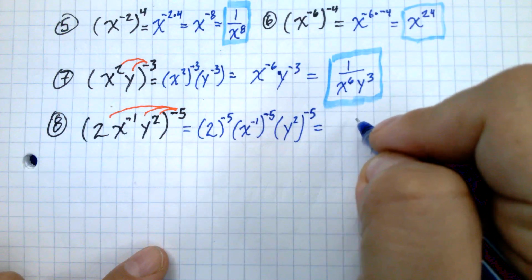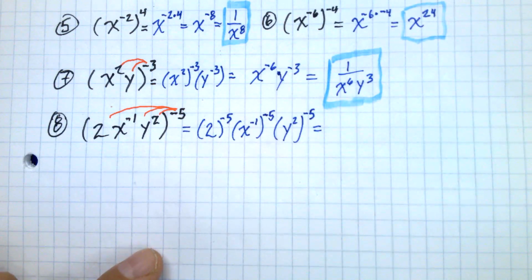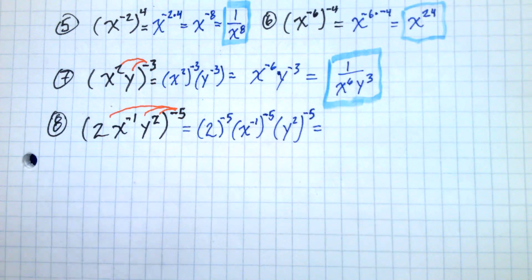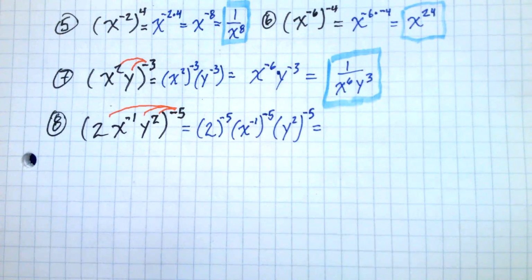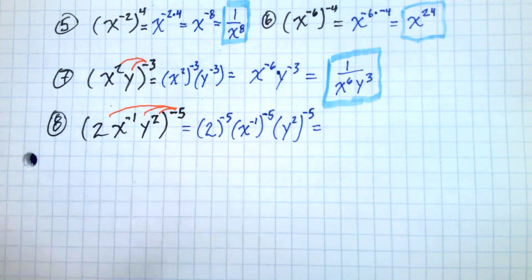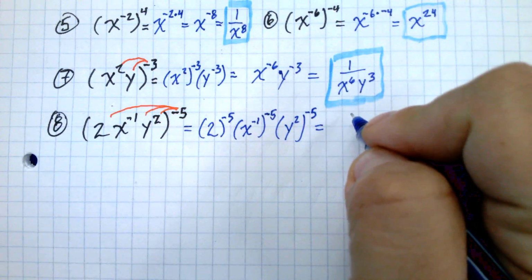How much is that? What's 2 times 2 times 2 times 2 times 2? If you multiply 5 twos. 32. But it'll be 1 over 32 technically. Okay. Well, just keep that in mind.